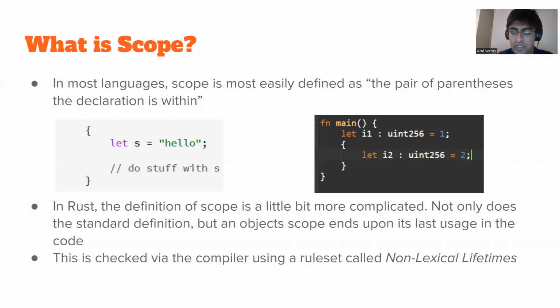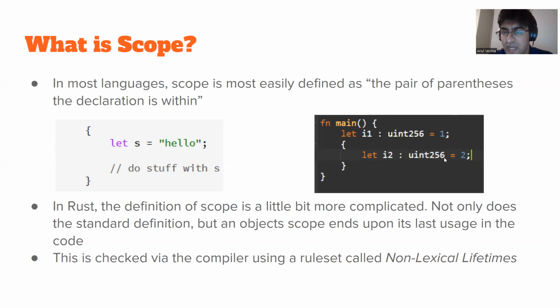For each line of code, the compiler analyzes and reads through a rule set called non-lexical lifetimes. The compiler checks where everything is used and when it stops being used. Once the compiler sees that a piece of data is no longer used after a certain point, Rust automatically frees that memory. Normally, i1 is within scope throughout these entire curly braces, but because we don't use i1 anywhere else, the compiler automatically frees i1.